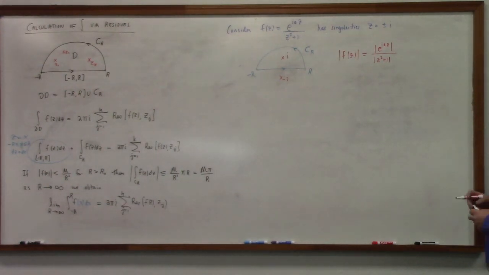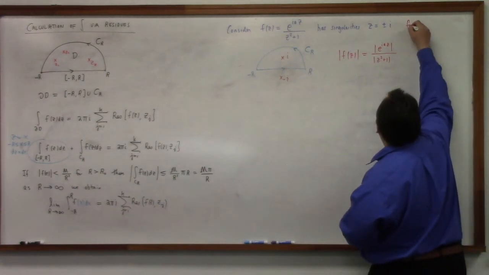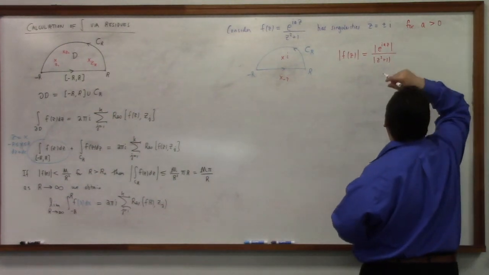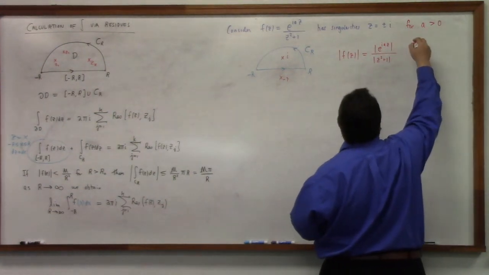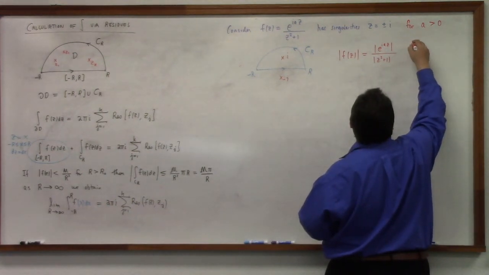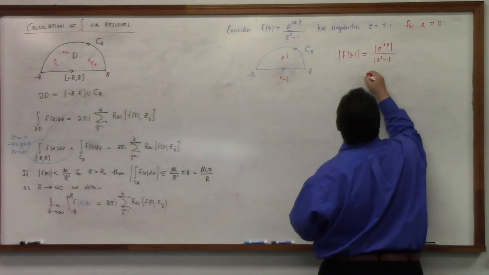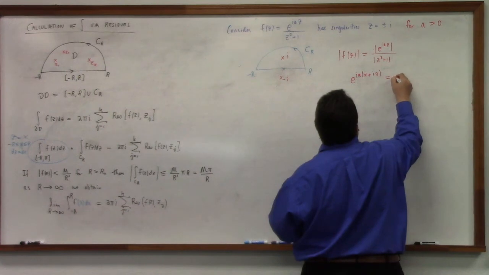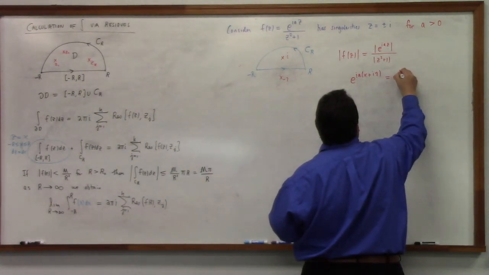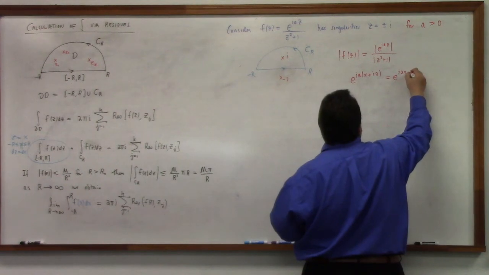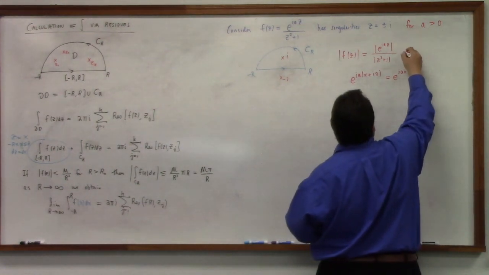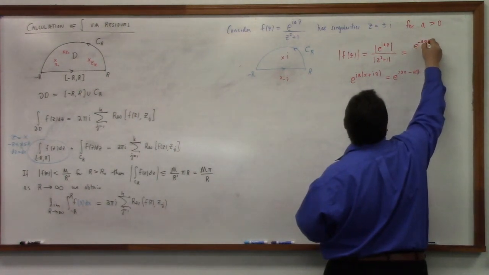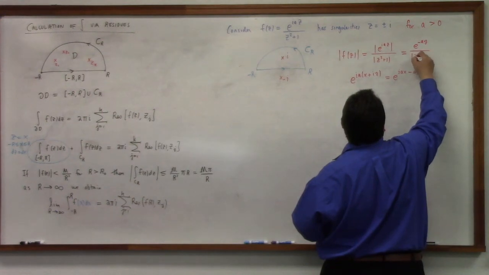Because I'm assuming a is real here. Let's suppose a greater than 0. Is it a scalar though? Because e to the i a times x plus iy is e to the i a x minus a y, right? So this is actually equal to e to the minus a y over the modulus of z squared plus 1.